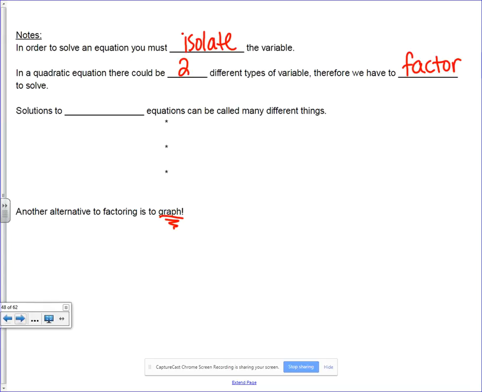Okay, solutions to quadratic equations can be called many different things. A 0, because they have to be equal to 0, right, before I even graph them. They could be called roots. And where are they found on a graph? The x-intercept.